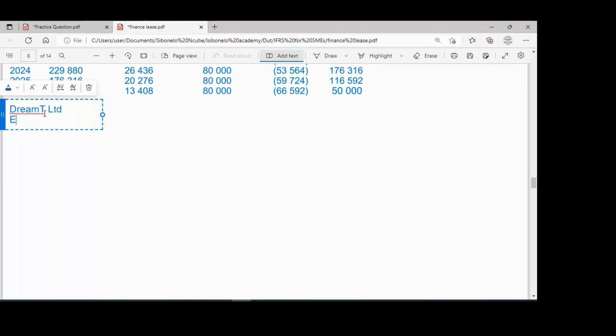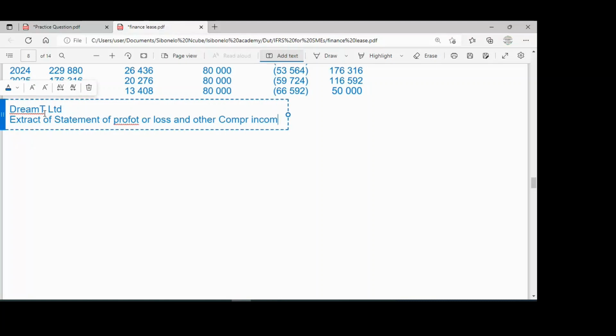So this is an extract of a statement of profit or loss and other comprehensive income for the year ended 31st December 2021. So this is the extract income statement.